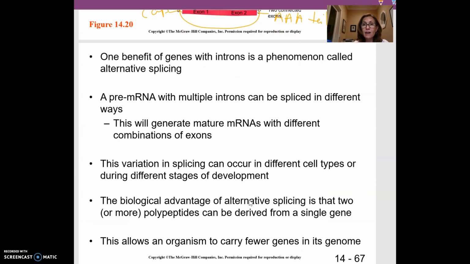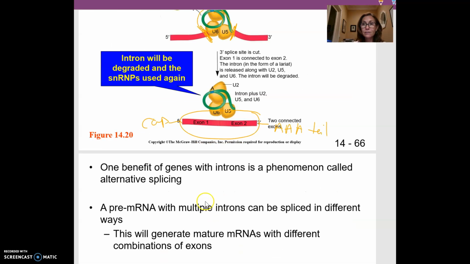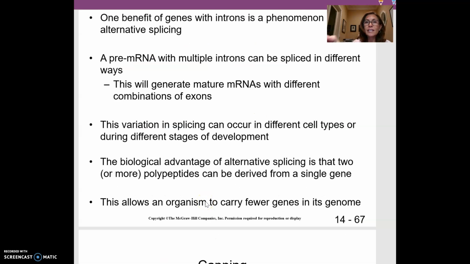So why is splicing a cool thing? It turns out that the same gene can give rise to more than one protein if you don't count all the exons. What am I talking about? Let's say you have a gene with exons 1, 2, and 3.